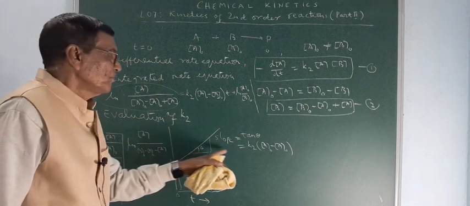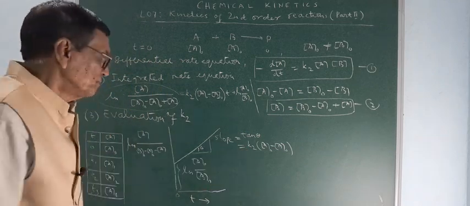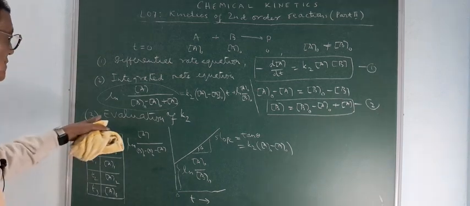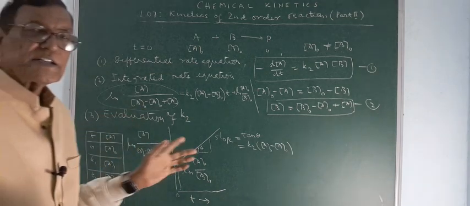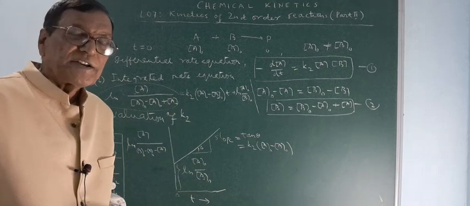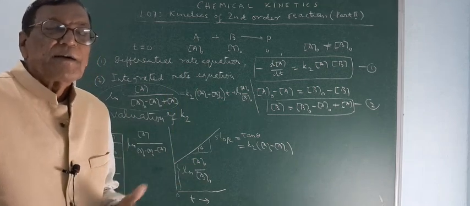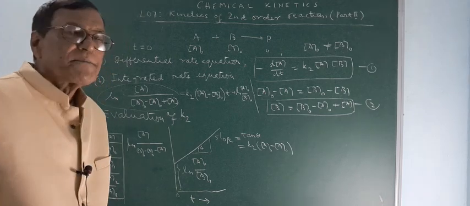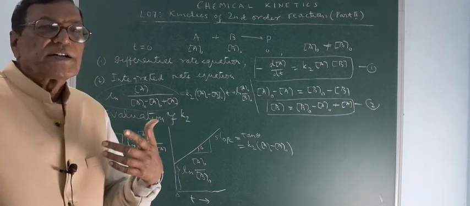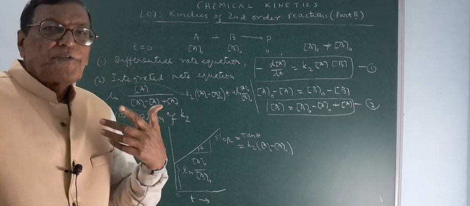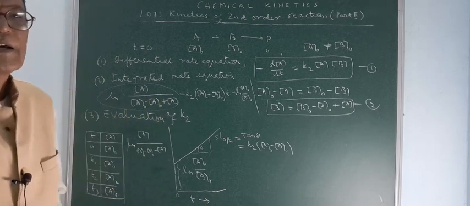And from this slope you can find out the value of K2. So this is the experimental determination of rate constant K2 for this second order reaction, which is very important. For the reaction, K2 remains constant at a given temperature.